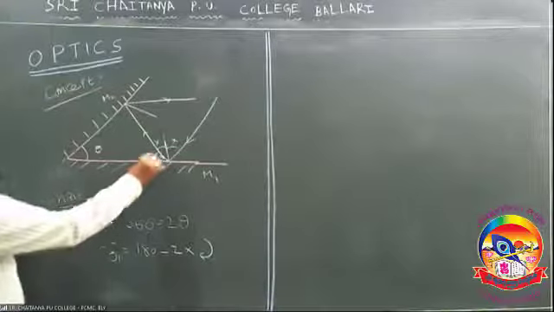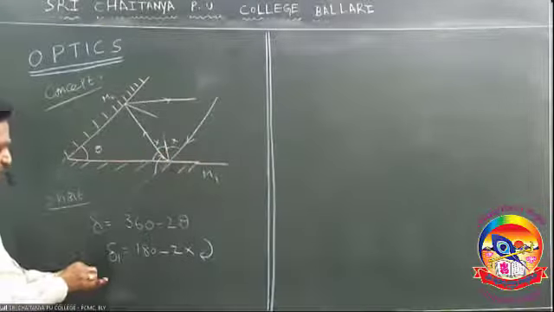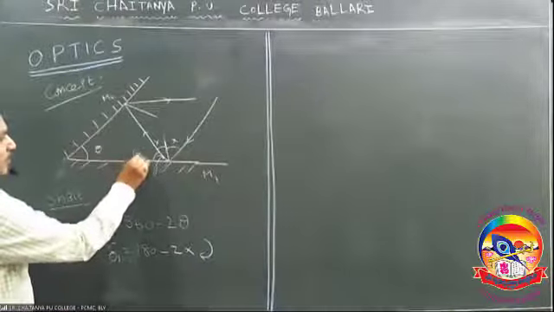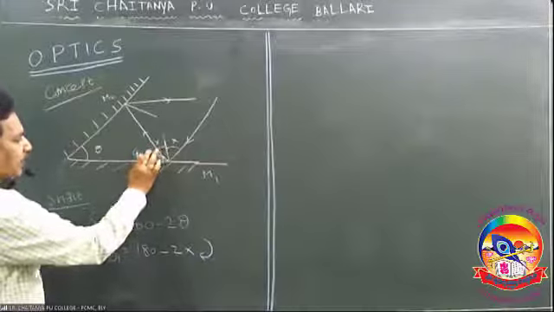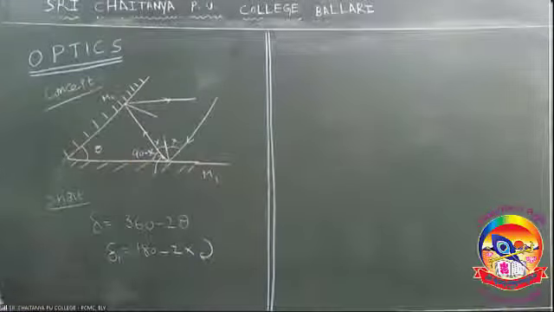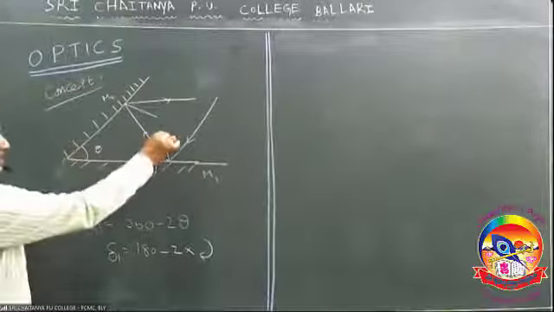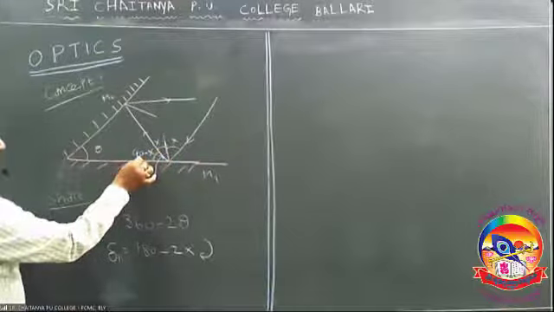Now, what is this angle? Take it down simultaneously. After completing, we cannot understand. This is equal to 90 minus x. Why is this angle equal to 90 minus x? This is 90, this is x, so this is 90 minus x.